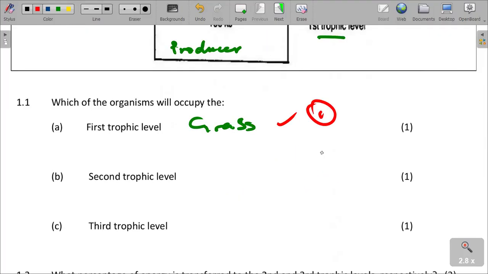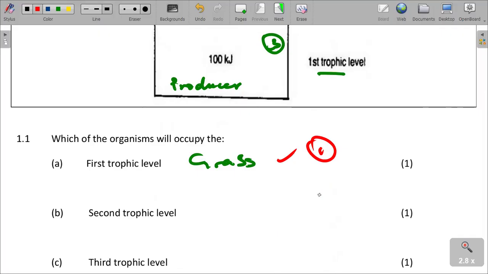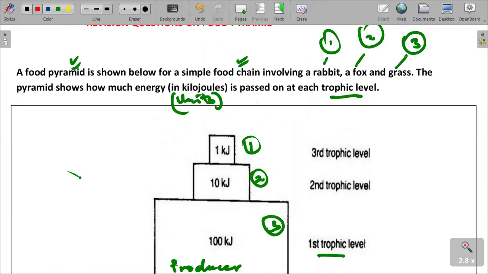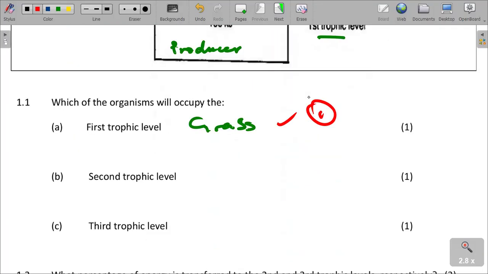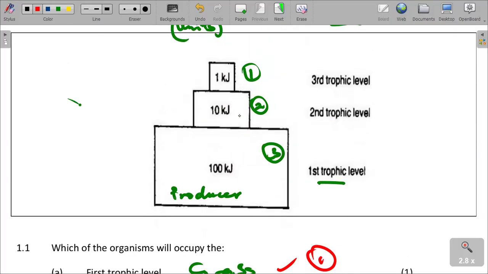And then the second trophic level should be something that feeds on grass. From this, what can feed on grass? We are given a rabbit. A rabbit feeds on grass, so it can be the second trophic level. We just need to say that it's a herbivore, which we can also say is a primary consumer.